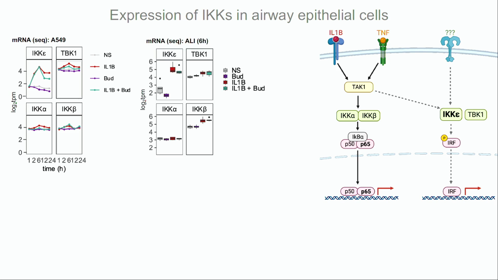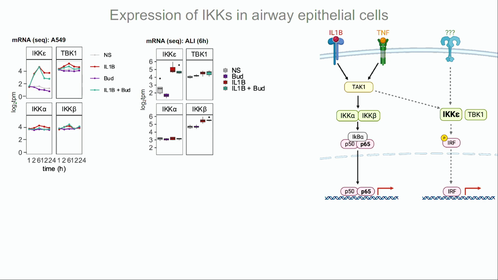So we've also looked into them in those air-liquid interface cells, and you see the same upregulation. Compared to the non-stimulated condition in gray, adding in red IL-1 beta, we get this extreme upregulation, where it becomes similarly expressed to these other IκB kinases.